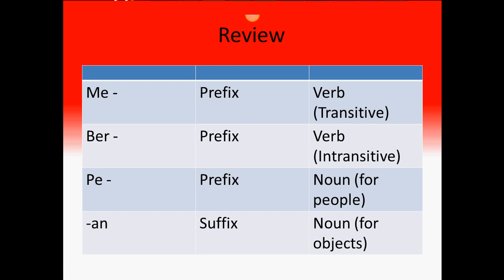Per, again a prefix that goes on the front, turns things into nouns, and it's usually for people, an actor doing something. And an, our last one that we've learned today, is a suffix, which means it goes on the end. It again turns things into nouns, but this time they're objects, things we can touch, things we can see.